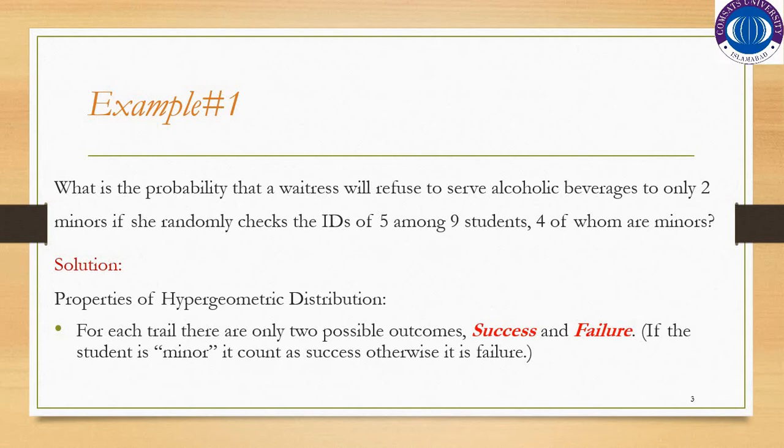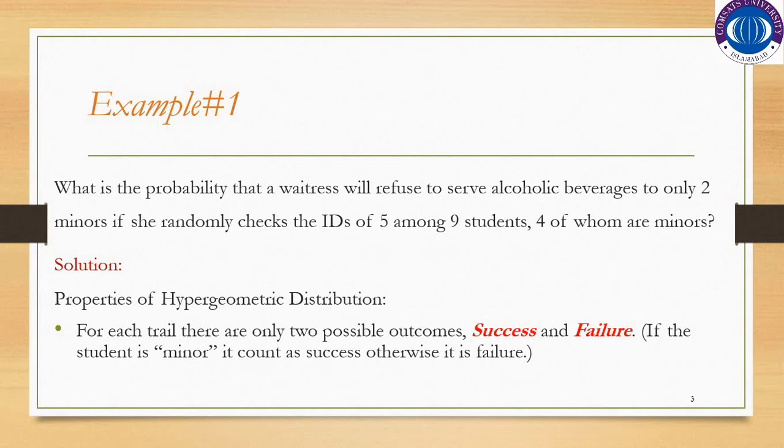Example 1. What is the probability that a waitress will refuse to serve alcoholic beverages to only 2 minors if she randomly checks the IDs of 5 among 9 students, 4 of whom are minors?